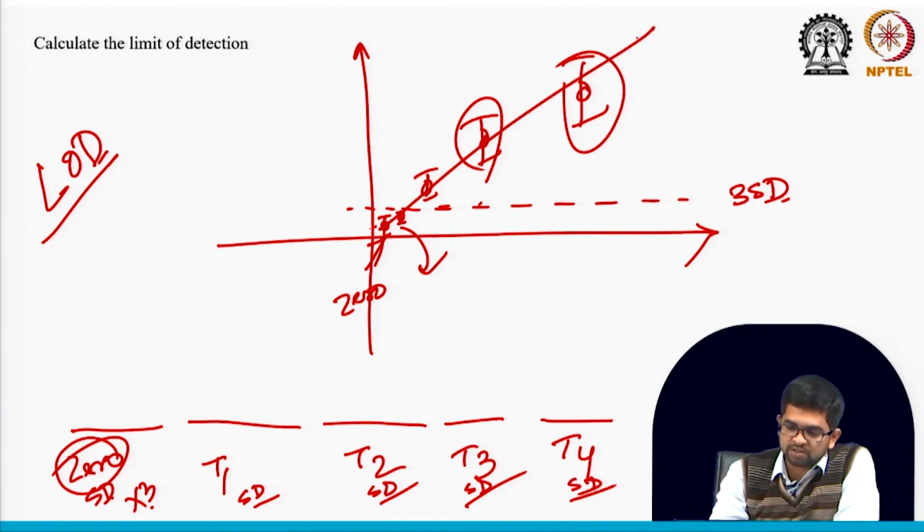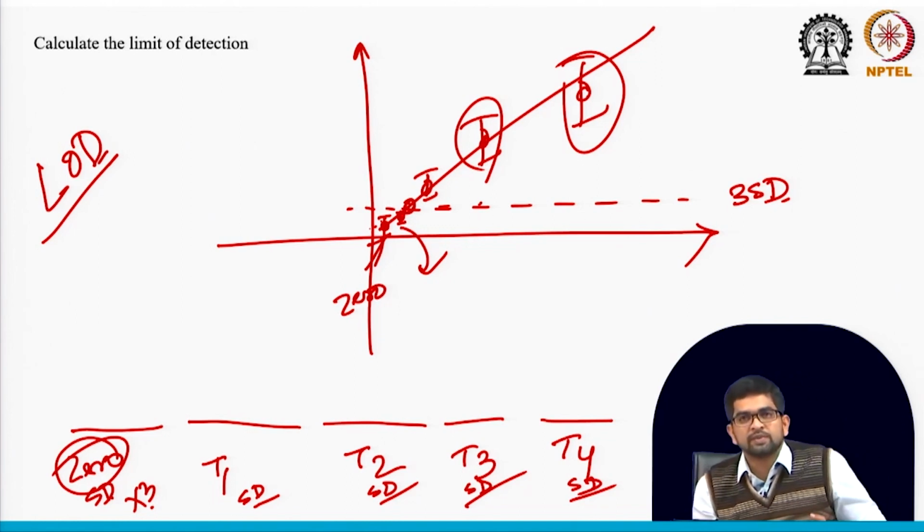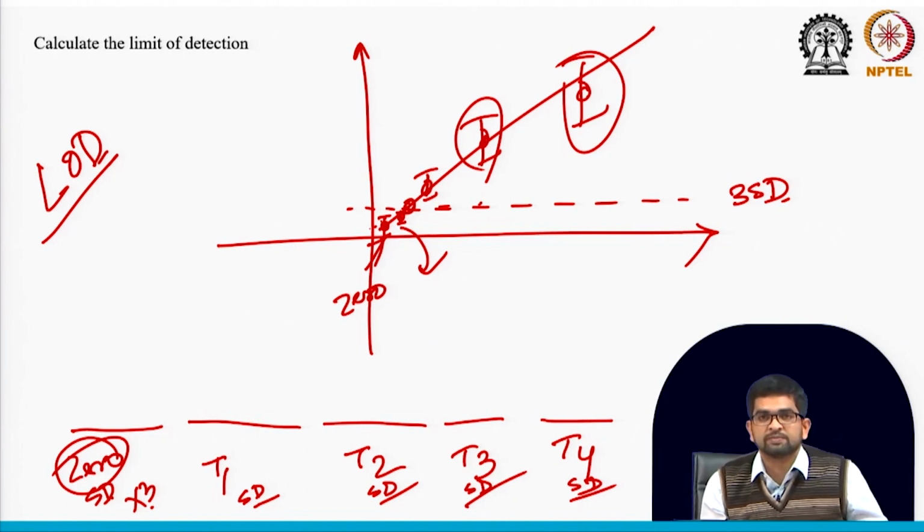Then you draw the straight line, and that gives your limit of detection. Clear? This way you can determine the sensitivity of the biosensor.